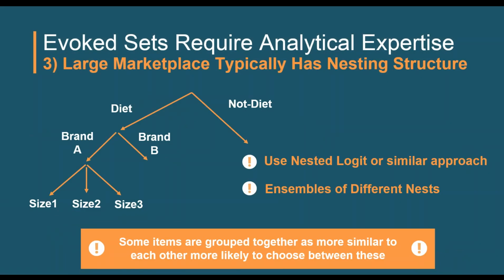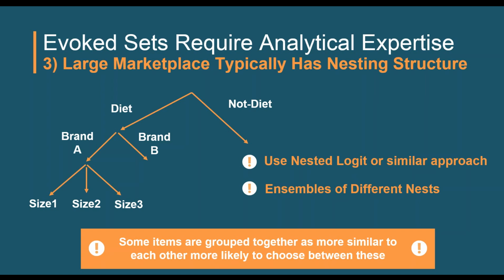One other thing is not just for very large marketplaces, but even more so with large market spaces, because it's very easy to run into IIA problems or red bus, blue bus. So typically, larger marketplaces have nesting structures. So I think this is an example of soft drinks. So certain people make choices between, well, in my decision tree, I'm going to focus on diet sodas, for example.